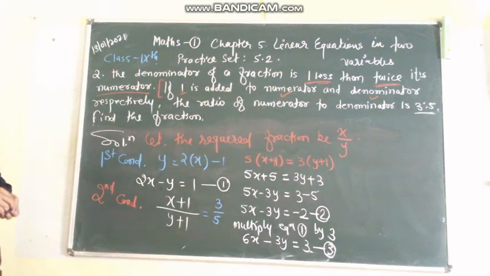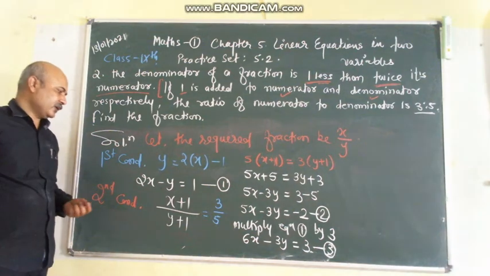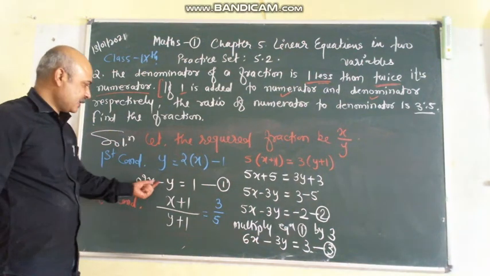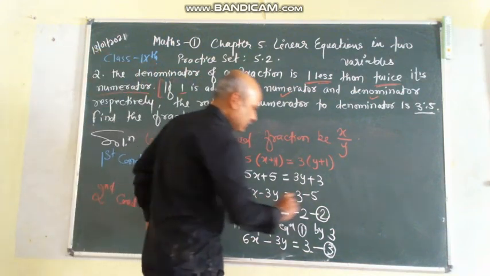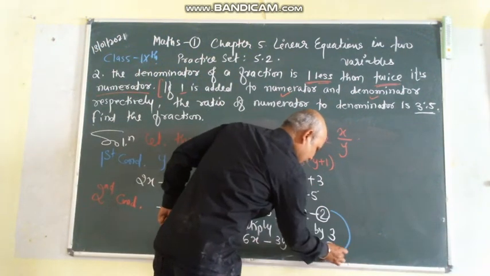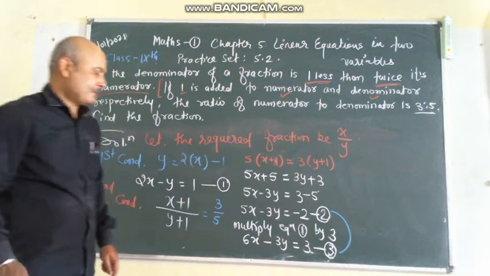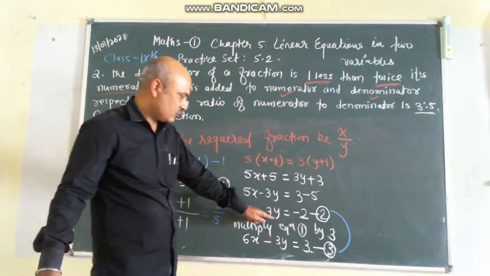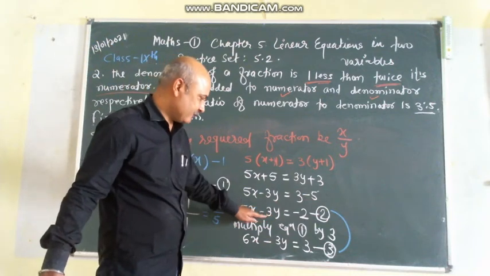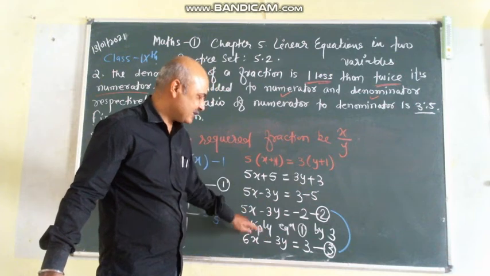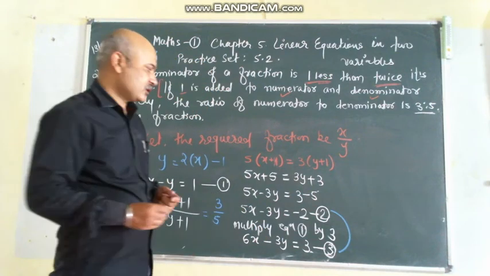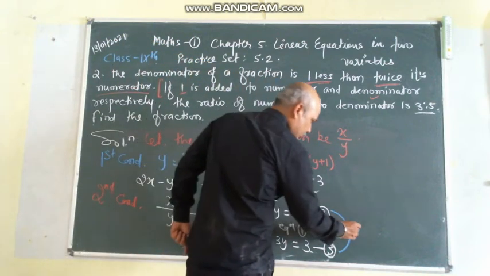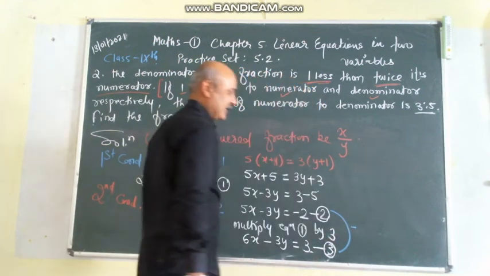And now you will observe equations 2 and 3. We have the coefficient of variable y equal, and the sign is the same, both have minus sign. So we are not going to add, we are going to subtract.